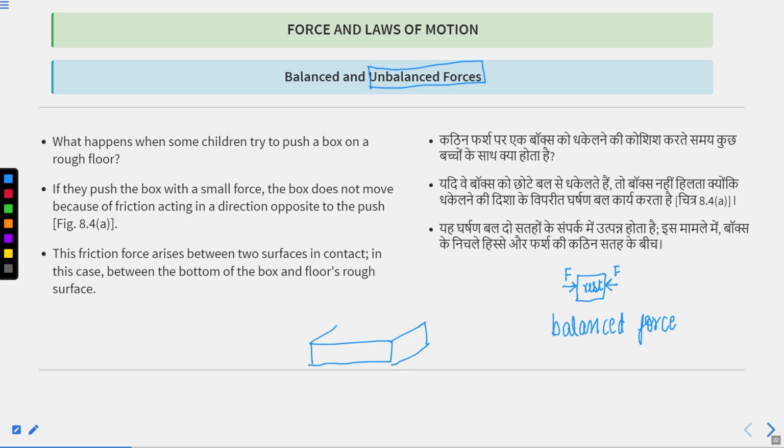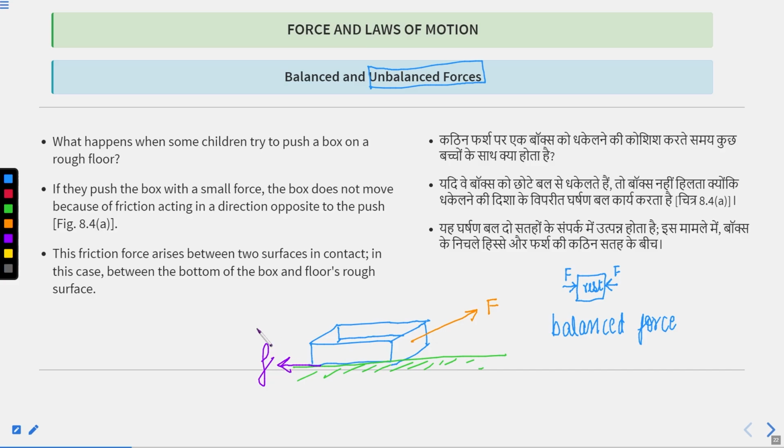So we were understanding unbalanced force by an example that there is a cart made by some children, and the children are pulling this cart with a force F, and this cart is on the ground. Because this cart is in contact with the ground, there exists a friction force which will try to stop this object.